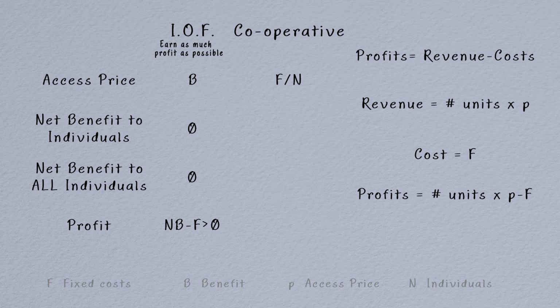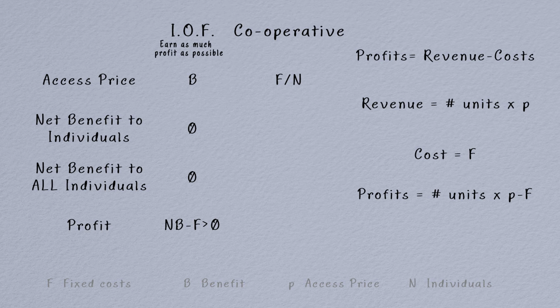So you take the fixed cost, whatever that is, and divide it by the number of individuals, and each individual pays that amount. They pay, if you like, their share of the fixed cost, where that fixed cost is divided equally across all individuals.